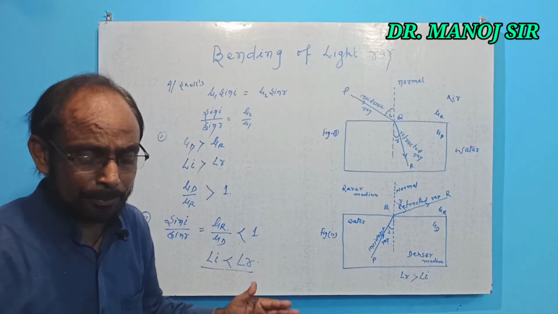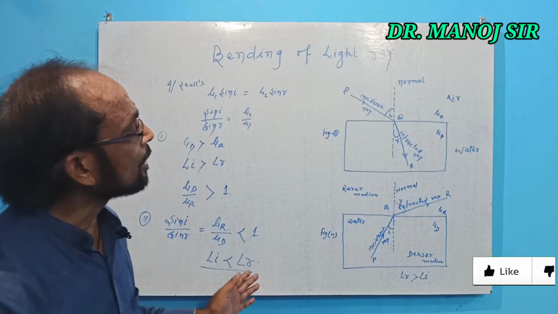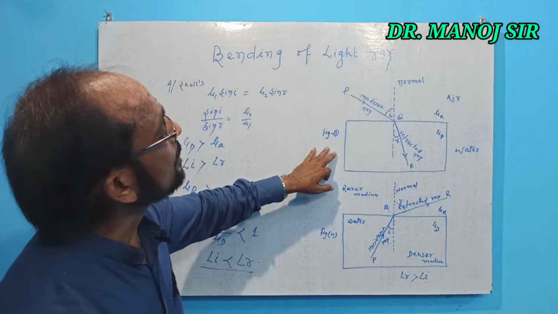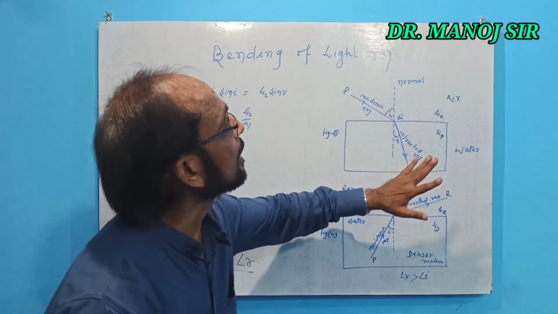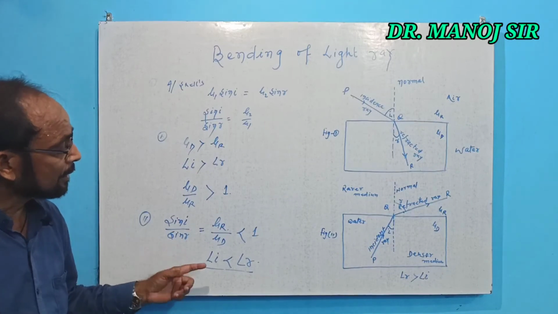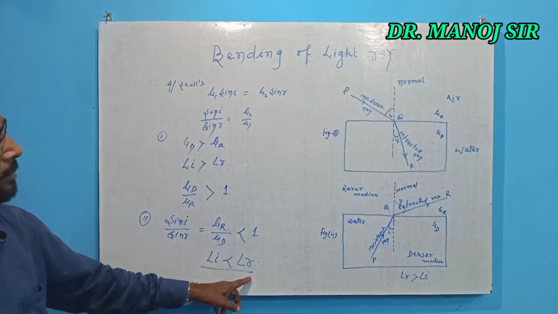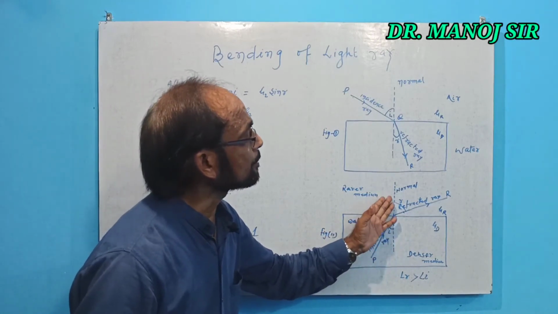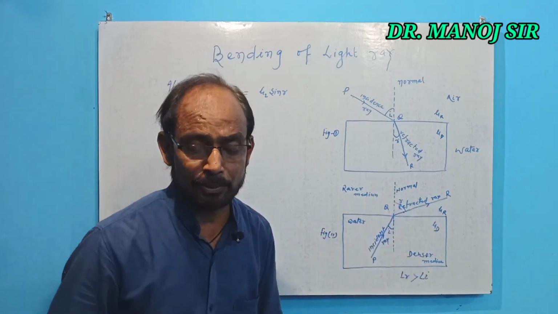So it bends towards the perpendicular if I is greater than R, and if I is larger than R, the refracted ray is far from the perpendicular.